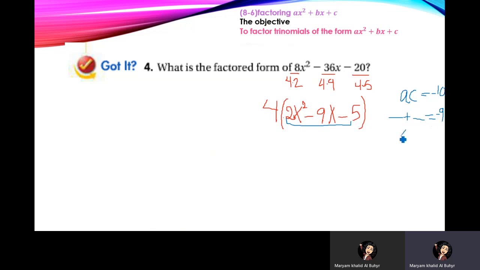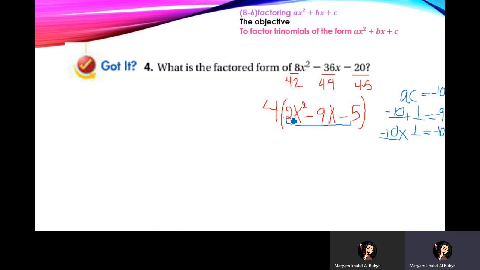Once I multiply them, I will get negative 10. That's easy to find, I can say directly negative 10 times 1. And here you can say that this will also be negative 10 plus 1, which will give you negative 9.